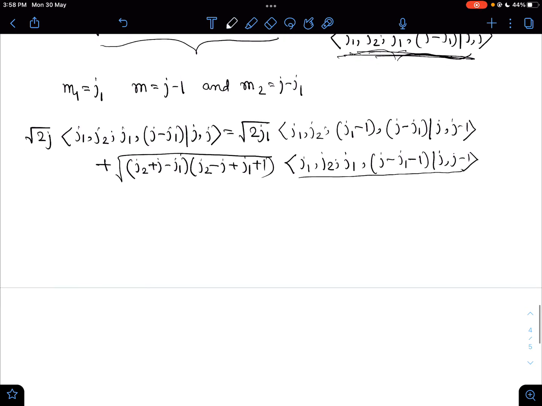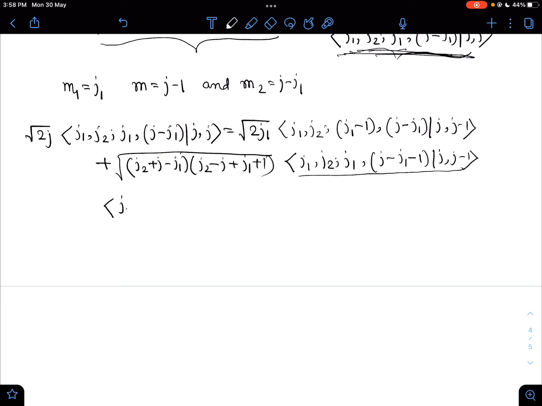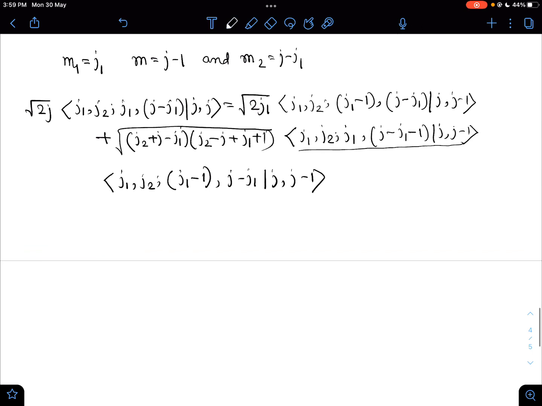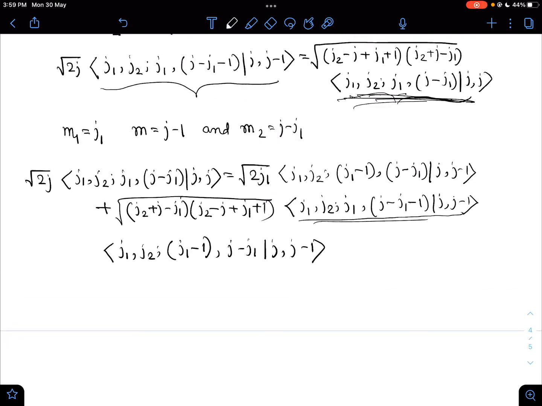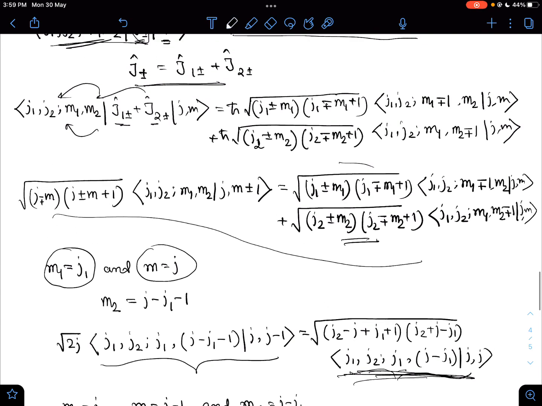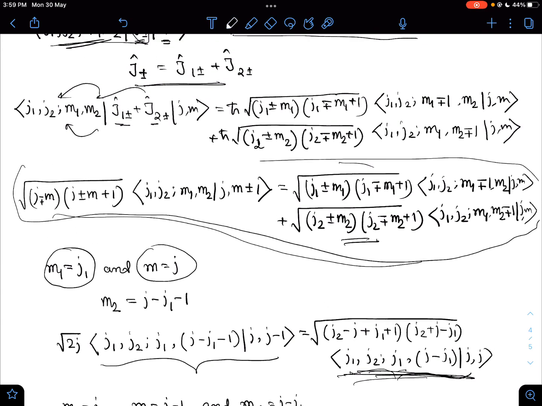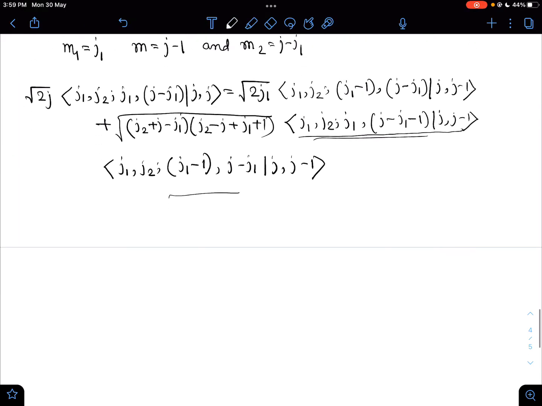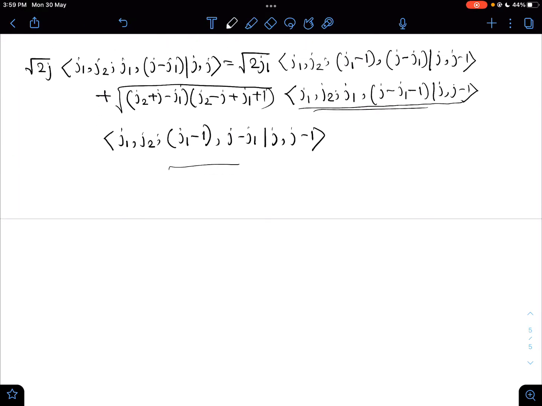So if we know this term and this term, we can determine this, and using repeated application of this recursion relation, that equation, if we apply this repetitively, then from this we will determine all other Clebsch-Gordon coefficients.